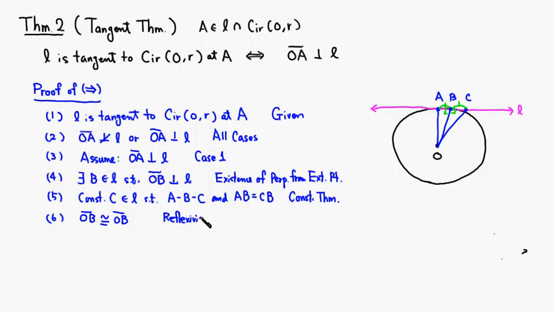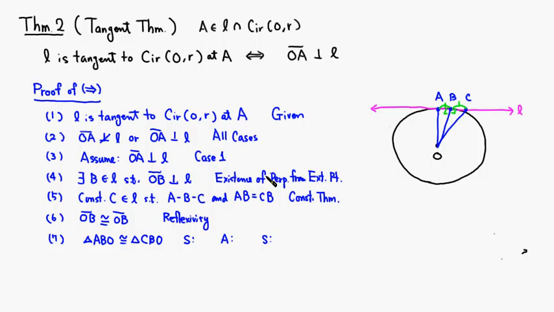Then we can say triangle ABO is congruent to triangle CBO. This is by side, angle, side.